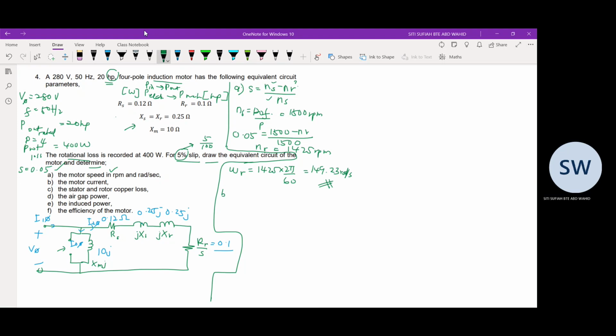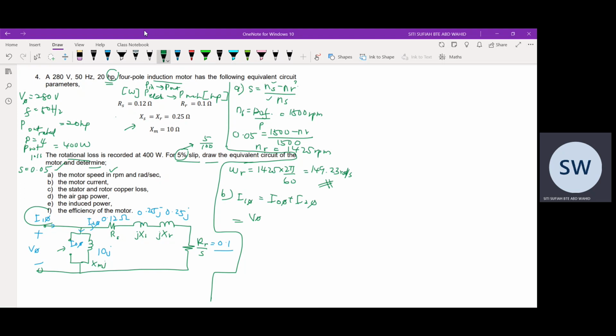B, the motor current. The motor current is I1 phase. I1 phase equals I0 phase plus I2 phase.